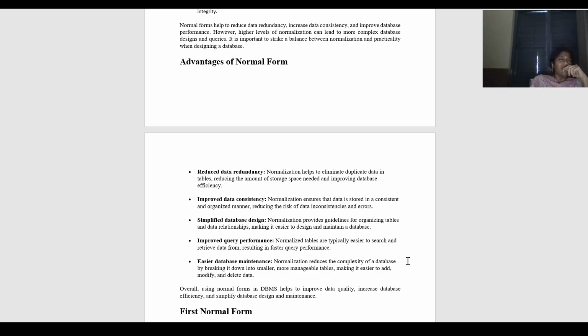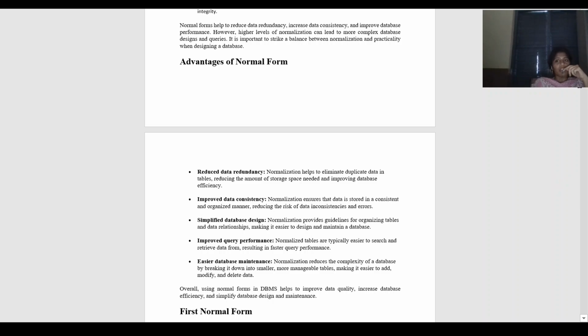That is our wish: if we want to insert data, you can insert it. If you want to update the data, you can update it. If you want to delete the data, or add an extra column, you can perform all that in the database. This is the main advantage of the database.